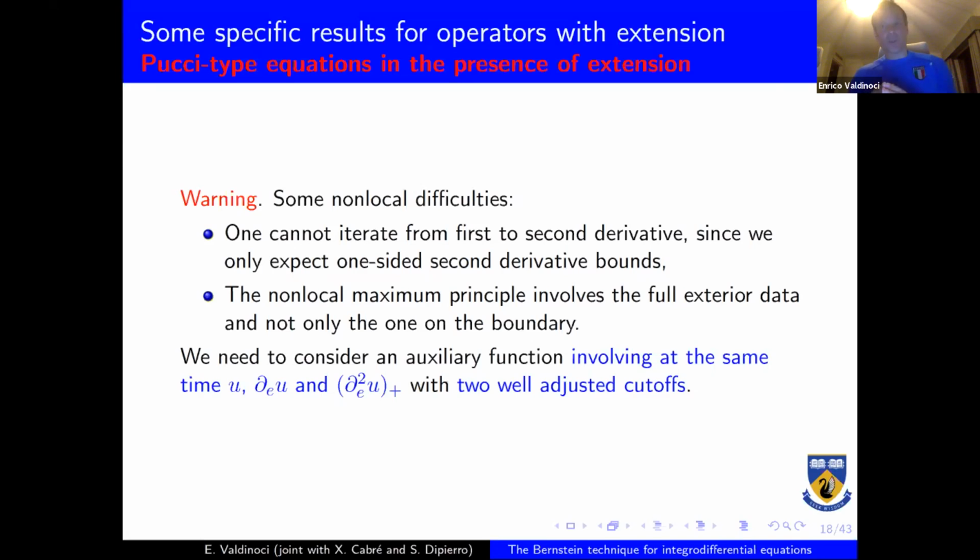So it's somehow impossible to get the result for the second derivative out of the result of the first derivative, because the result of the first derivative is a control in absolute value. Here, the second derivative cannot be controlled in absolute value. So the idea, even for this case, is to have one new auxiliary function that takes into account the first and the second derivative all together with different cutoffs that somehow compensate each other.